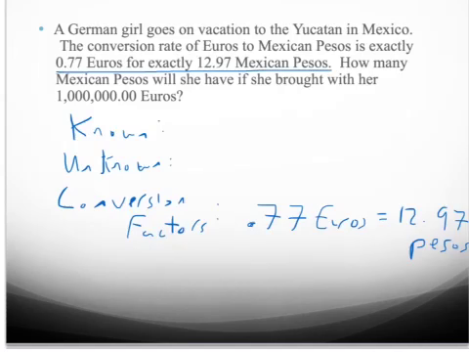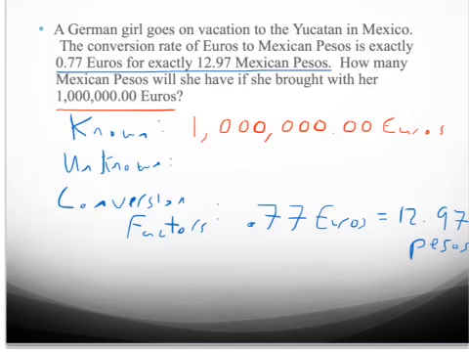Your known for this problem is any number that's by itself that is not equal to any other number. So in this case, there's one number left over, 1 million euros, and that we're going to write as our known. And our unknown is what we're looking for.